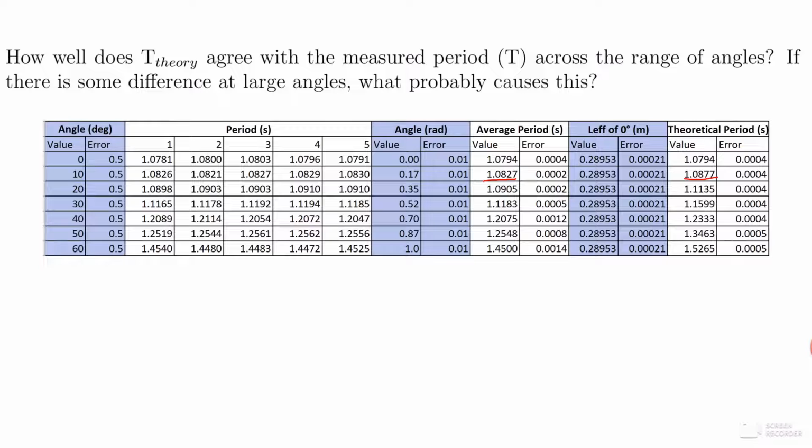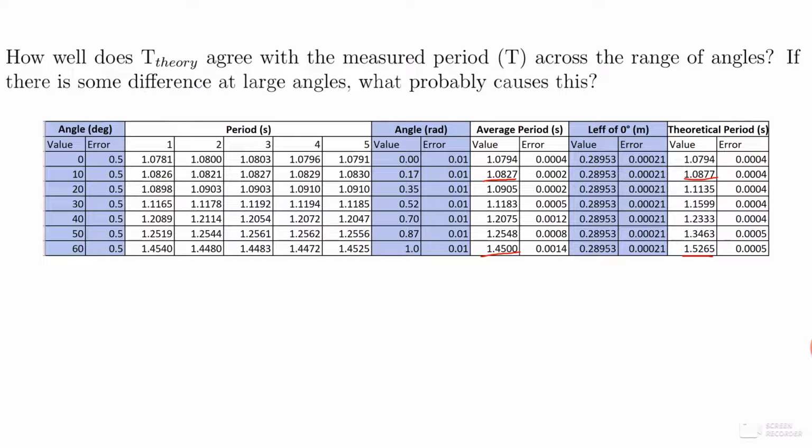Here you can see it differs by only 0.005. They are extremely close. But for 60 degrees, the average was 1.45, and the theoretical was 1.5265. Here it differs by 0.1. It's larger than the difference for 10 degrees.